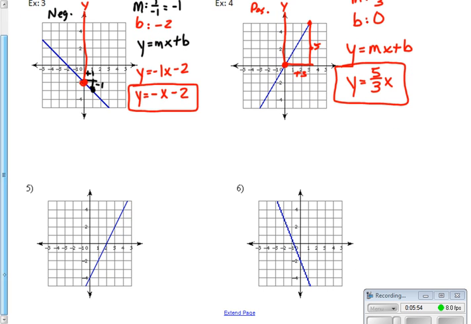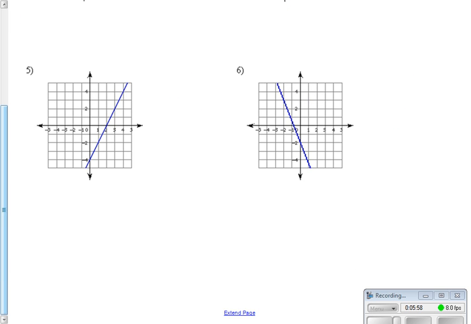Example 5, need to put it in slope-intercept form again. Y equals mx plus b. Looking at our problem here, the slope is increasing, so it is positive slope. Find 2 points that we know exactly what they are. Here's 1 point. Here's a second point. Increasing, I move 1 spot to the right. That's 1. I go up 2 spots.